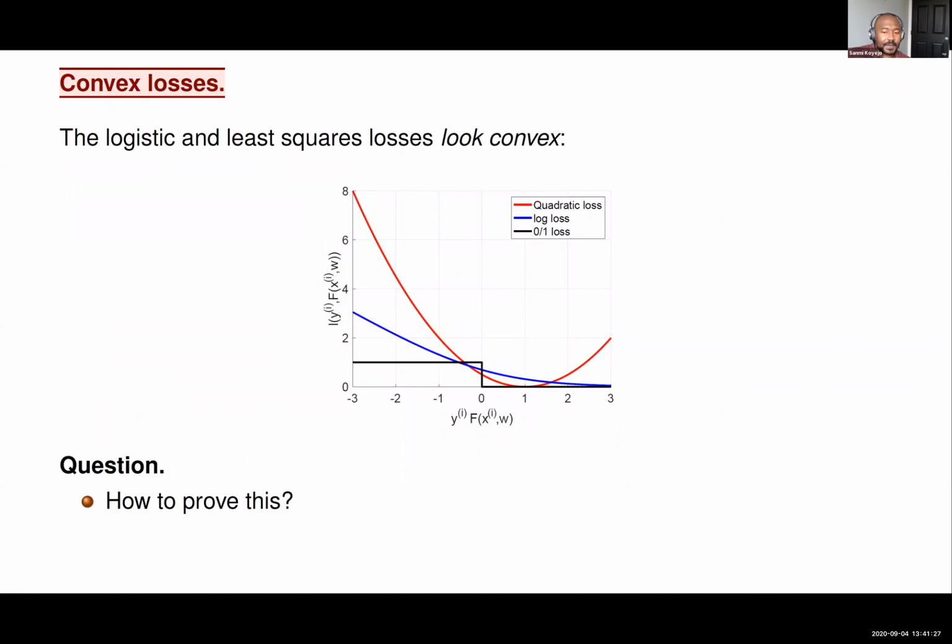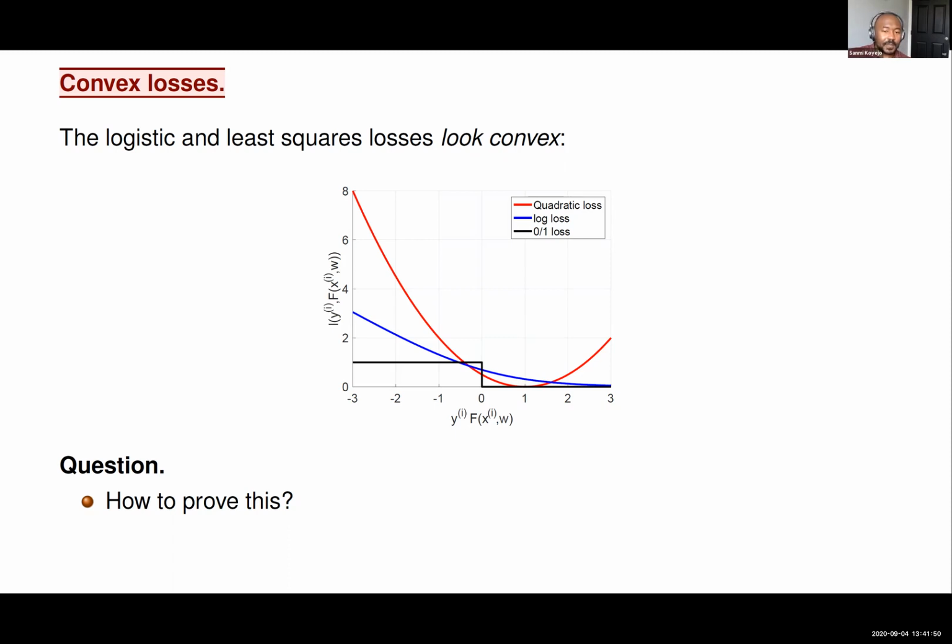Okay. So in addition to convex functions, we'll look at losses. Quadratic loss and log loss, the two that we've talked about so far. It's clear that quadratic loss is a convex loss. Again, easy to show using the properties we've covered so far. In fact, it's been the main example that we've used. It's also easy to show that the log loss is convex.